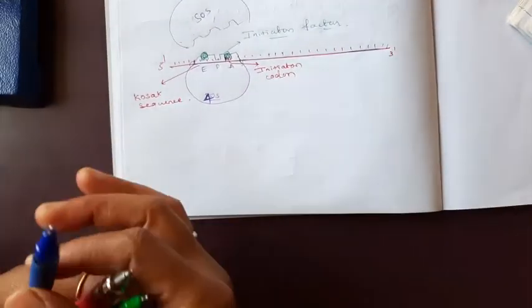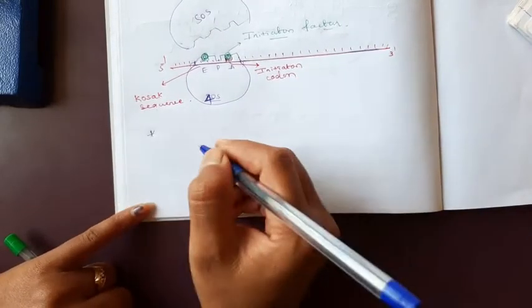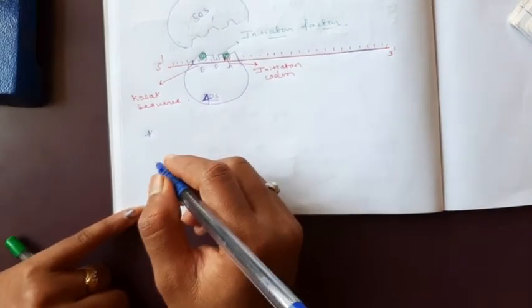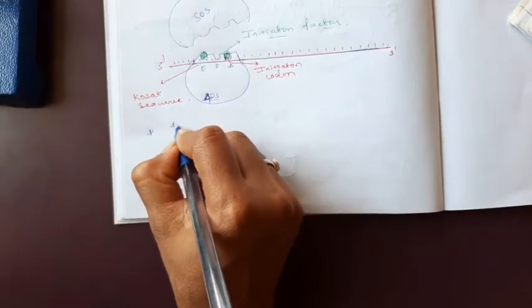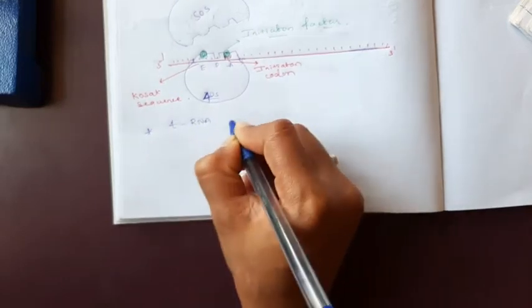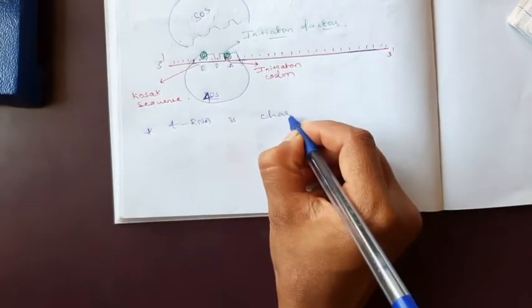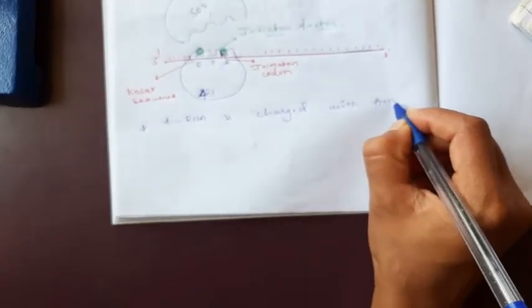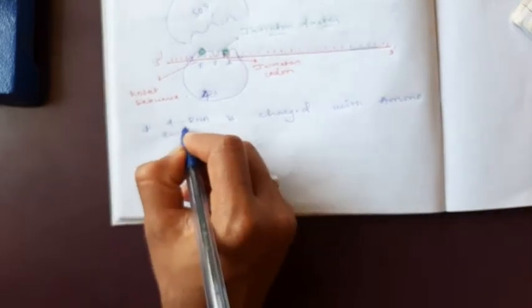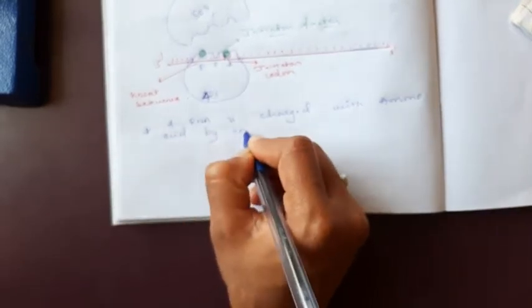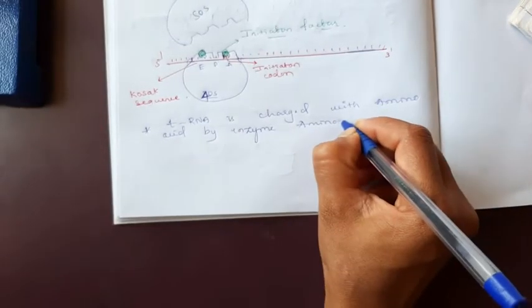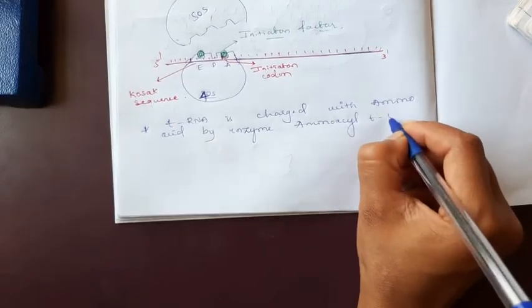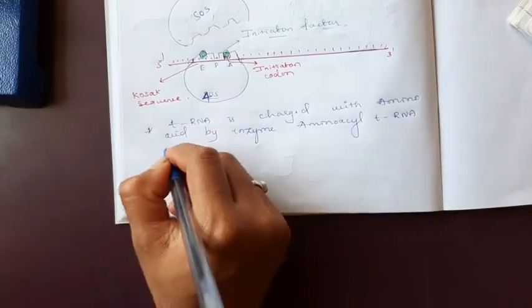Okay, in the initiation step the tRNA is charged with an amino acid by the enzyme aminoacyl tRNA synthetase.